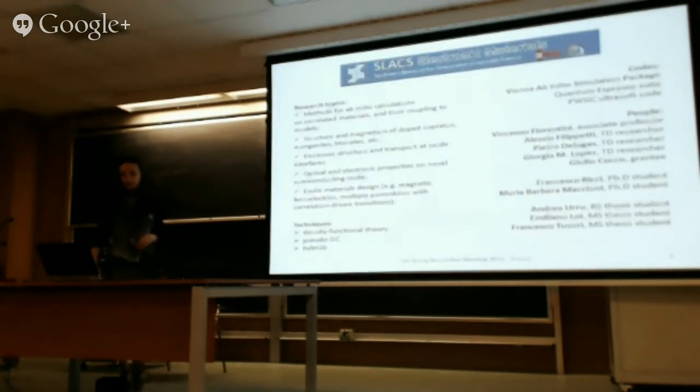Our research topics are methods for ab initio calculation on correlated materials, to study the magnetic properties, electronic structure and transport at the oxide interface, and optical and electronic properties of novel semiconducting oxides.